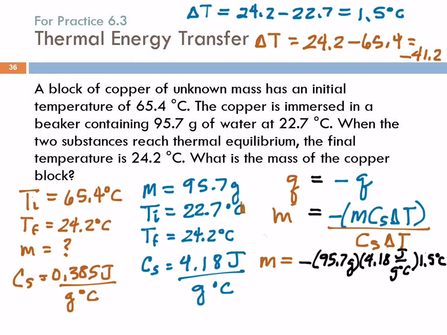Okay, so I got the numerator in there. And then we've got the specific heat capacity of the copper, 0.385, and negative 41.2 degrees Celsius.